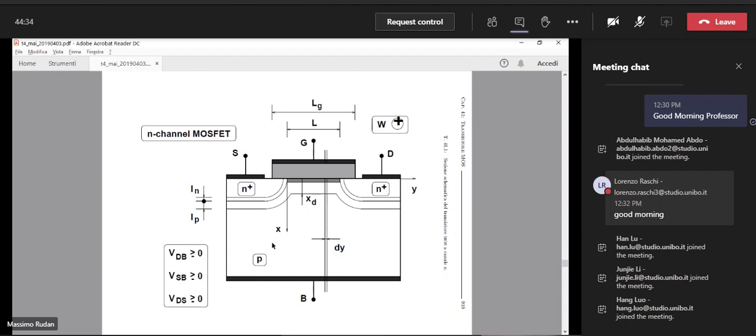So the 3 independent voltages that are used in the analysis are VSB, that is the voltage applied between source and bulk, VDB, that is the voltage between drain and bulk, and VGB, that is the voltage between gate and bulk. Okay.